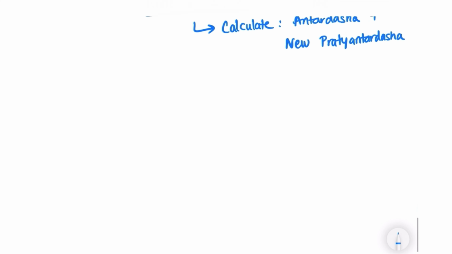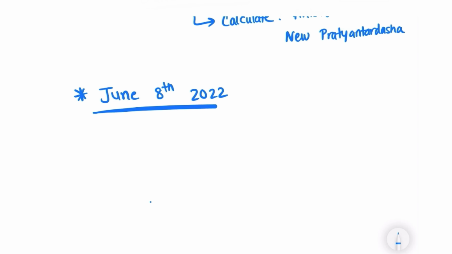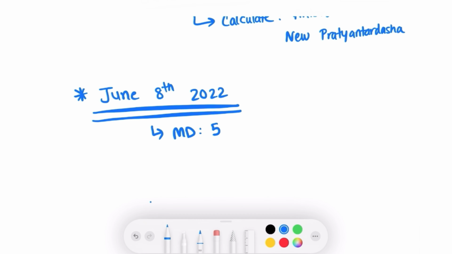Okay, so as this person's date of birth comes, like, June 8th, 2022, on this day, this person's Dasha will be Mercury, right?